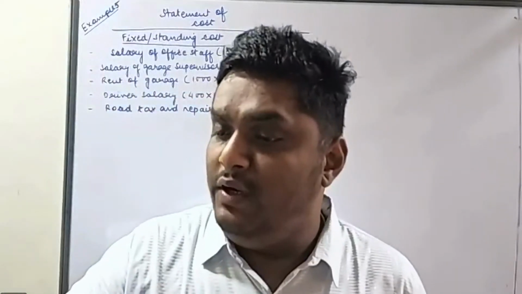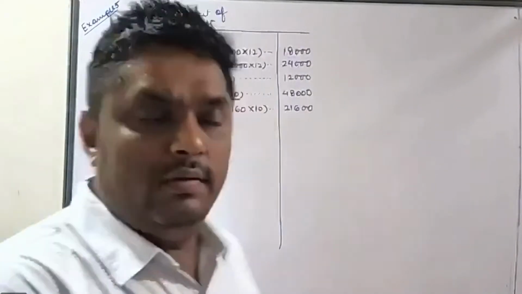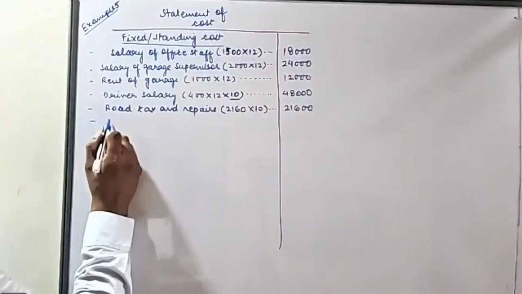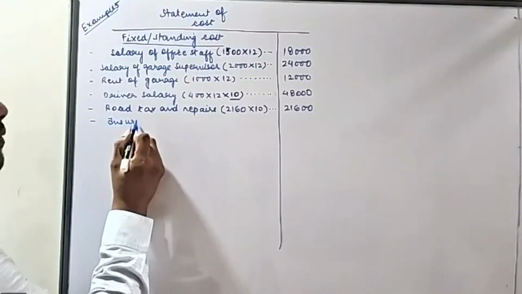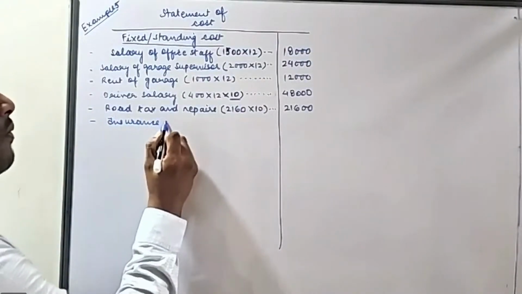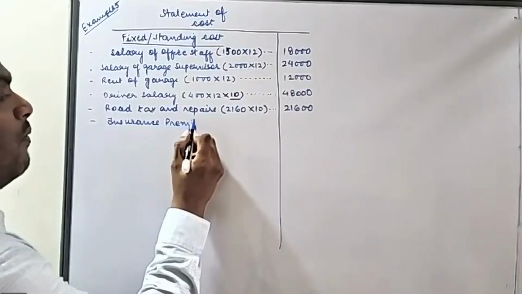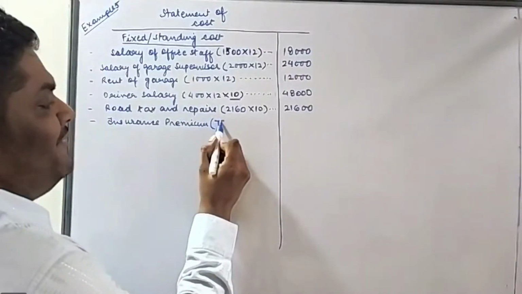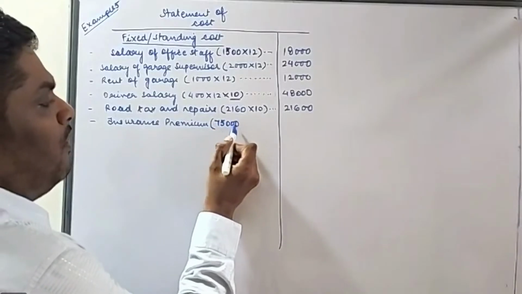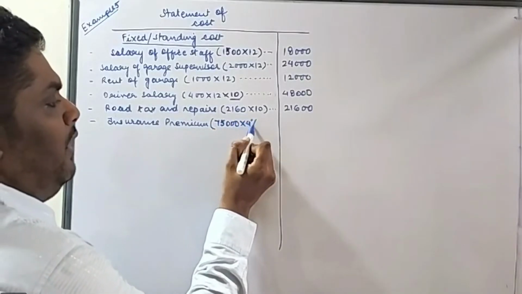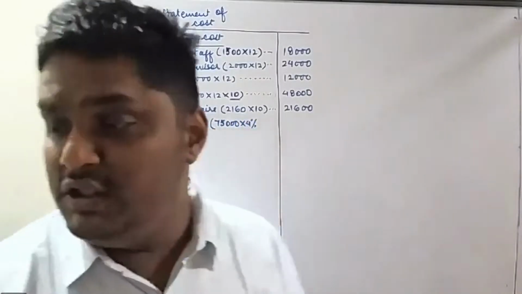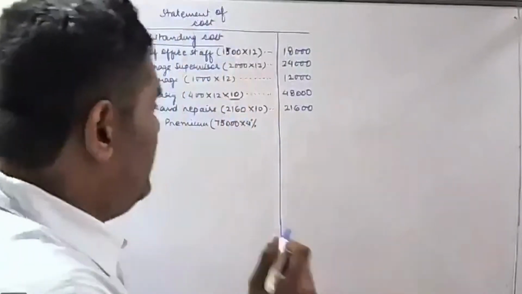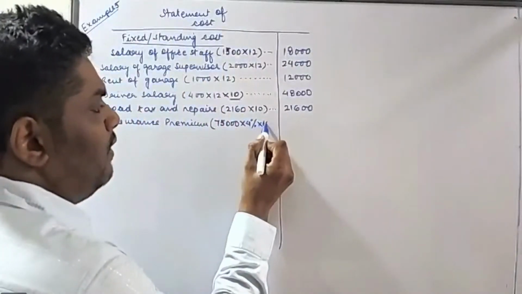Insurance premium at the rate of 4% of the cost. So the cost of taxi is 75,000. Into 4% is the insurance premium. Into the number of taxis are 10.